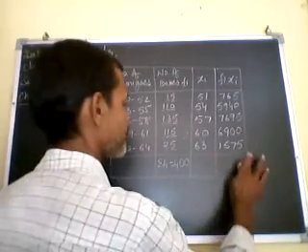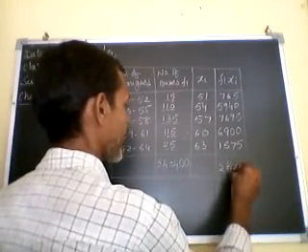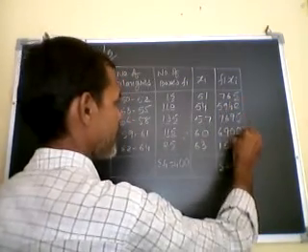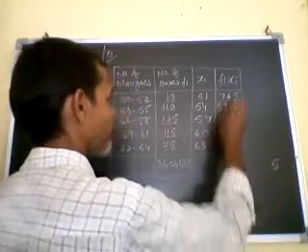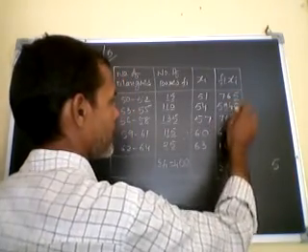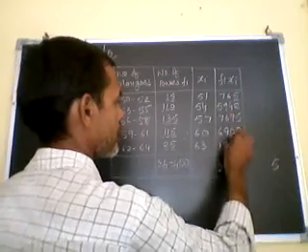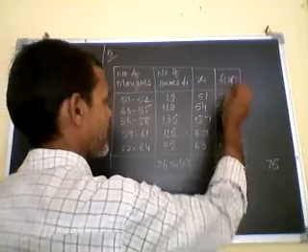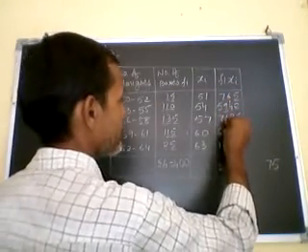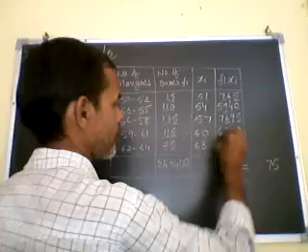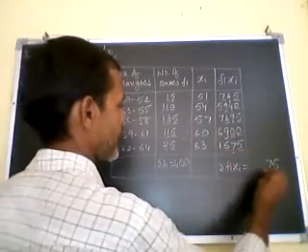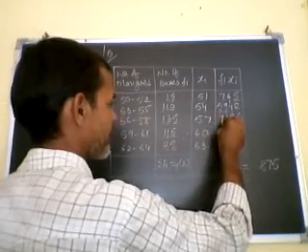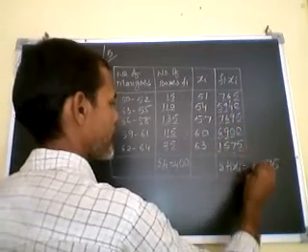Now we have to find sigma fi xi by adding the values, and we get 22875.